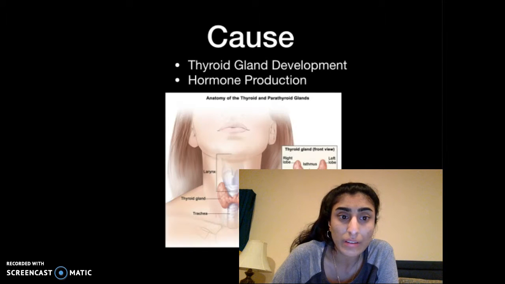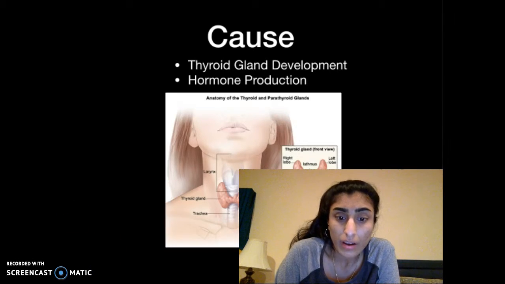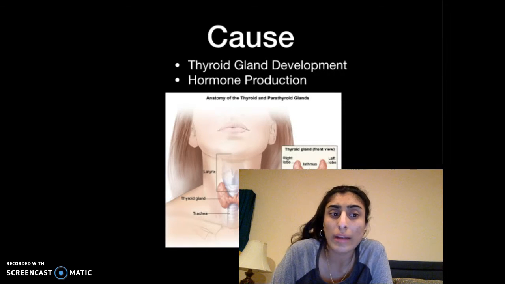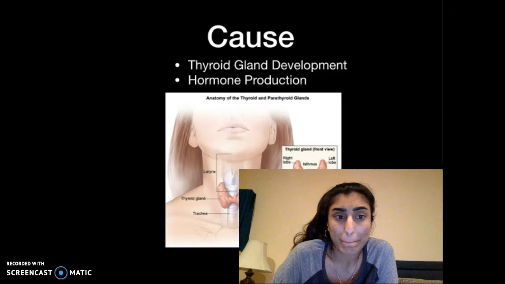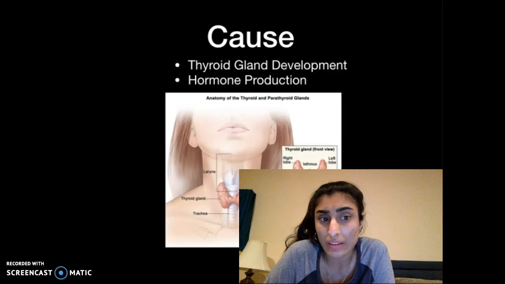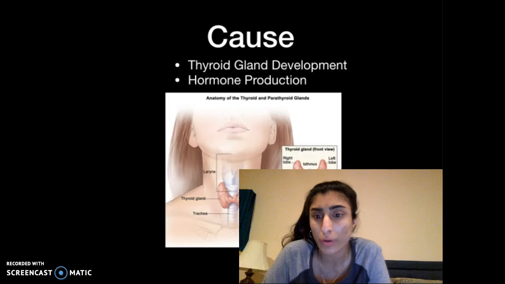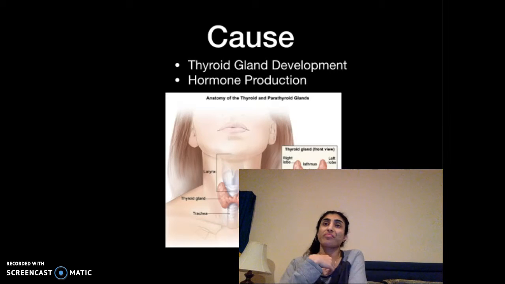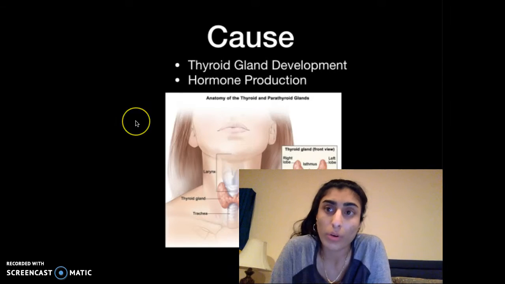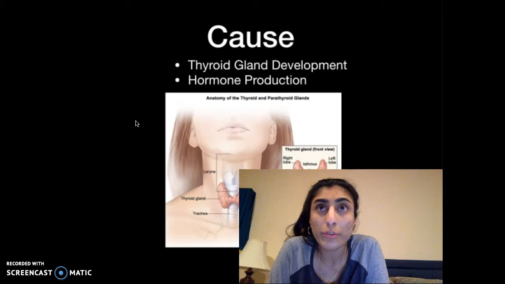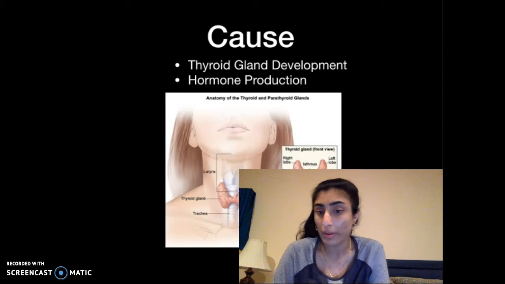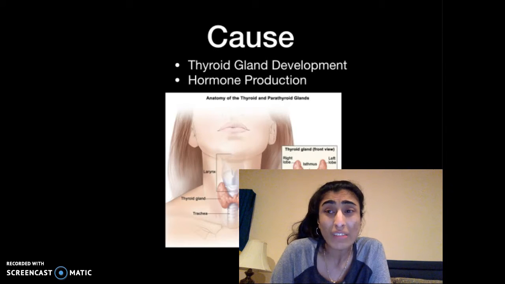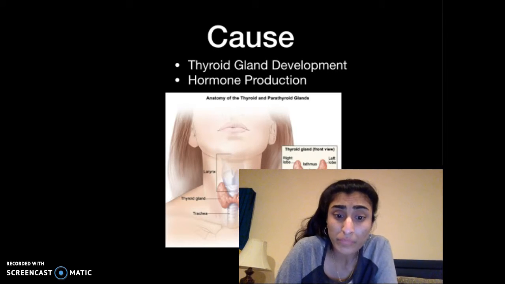Most commonly, this disorder is caused when the thyroid gland doesn't develop properly before birth, so that restricts the ability for the thyroid hormone to be produced properly and then released into the blood to allow for proper growth and development of the organs and the body in general.